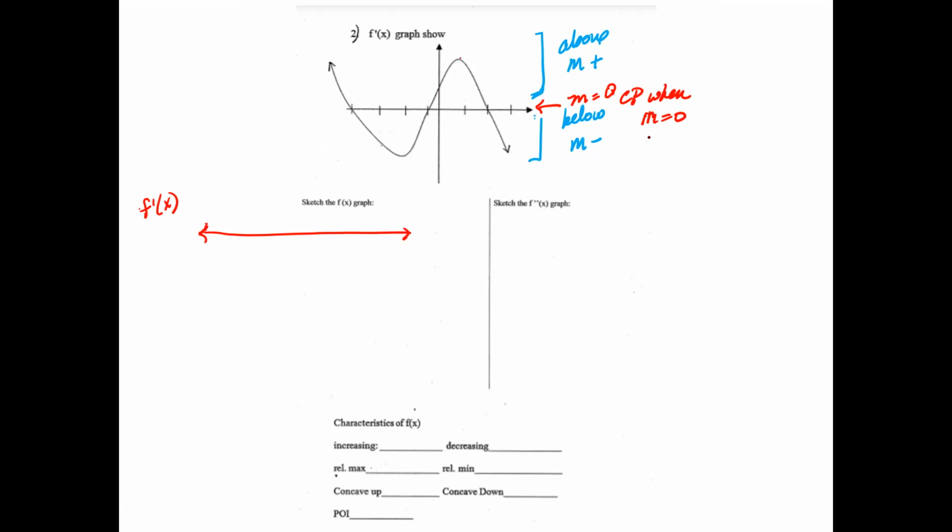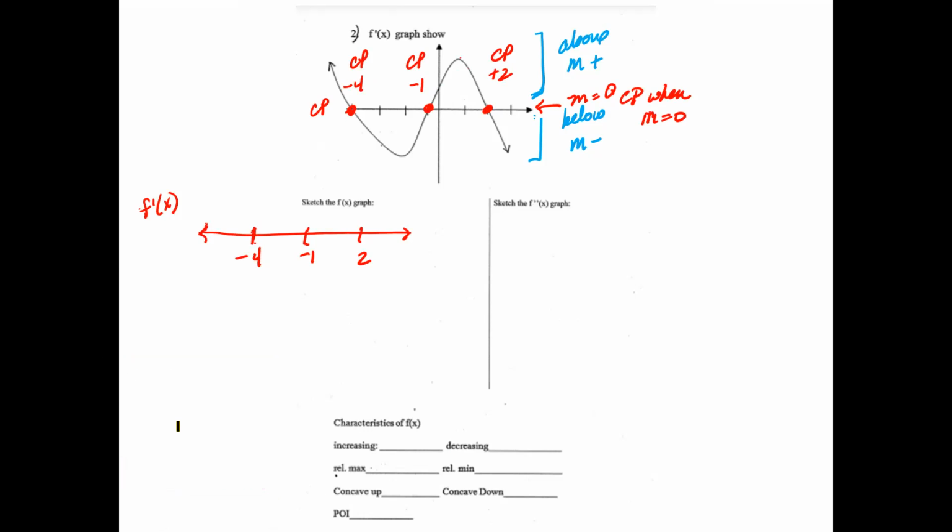I'm looking at where the graph hits the x-axis, because the x-axis is when the slope is 0. So that's going to be my critical point. And it looks like I have one at -4, -1, and +2. These are the critical points. So I'm going to go ahead and put -4, -1, +2.